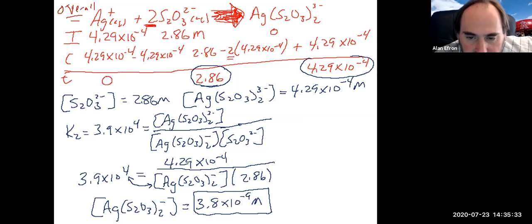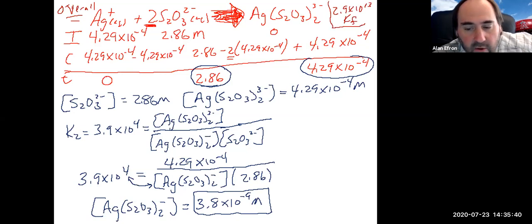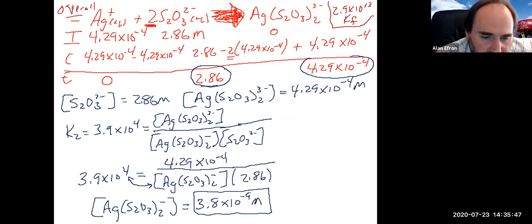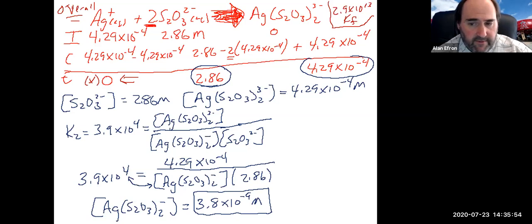So really this is the KF value for this reaction. We could have, just like we did in the very first problem, once we got to here, come back and call this X, just like we did in the very first problem. And you could have, if you wanted to, actually solved for the silver, the Ag plus concentration first.